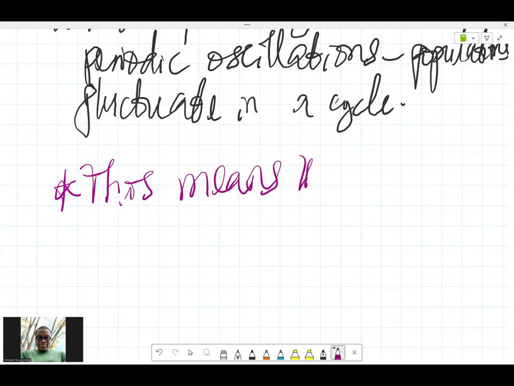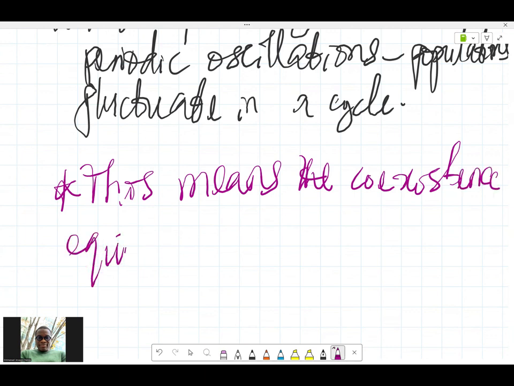So this means the coexistence equilibrium is neutrally stable.